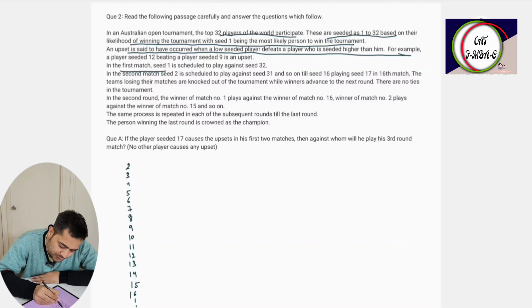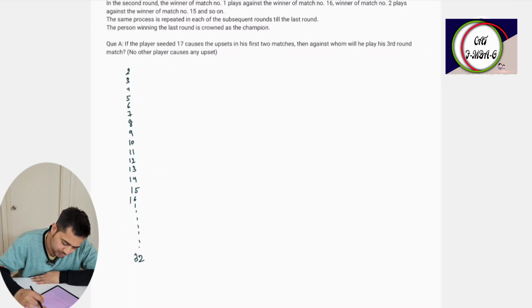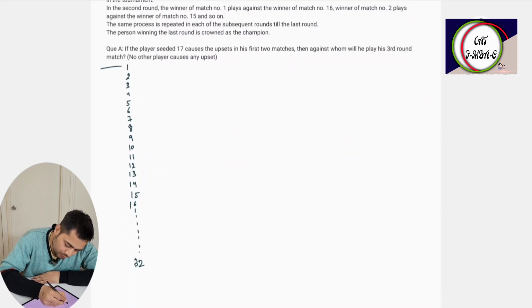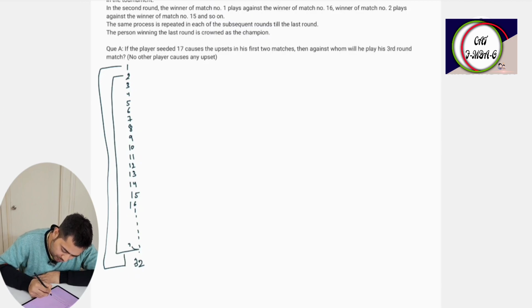For example, in the first match, seed 1 is scheduled to play against 32. In the second match, seed 2 plays against 31. So the set is like 1 plays against 32, 2 plays against 31, similarly 3 plays against 30, and it goes on until 16 plays against 17.